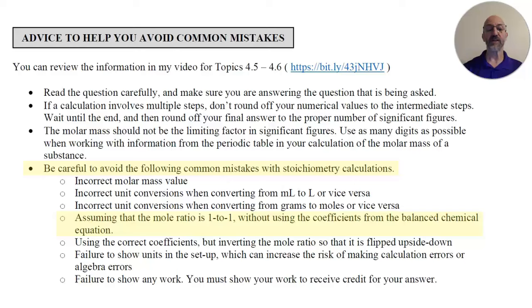Some students will use the correct coefficients, but they flip them upside down, so just make sure that you're focusing on the units about whether the moles of one chemical goes on the bottom or the top of your conversion factor. And then some students don't show any units in the setup for their calculations, and this can increase the risk of making calculation errors or algebra errors. Some students don't show any work. You must show your work on the AP Chemistry exam to receive credit for your answer.